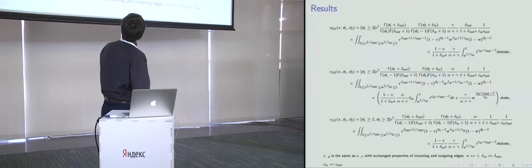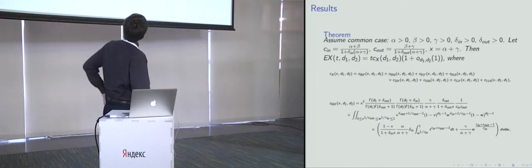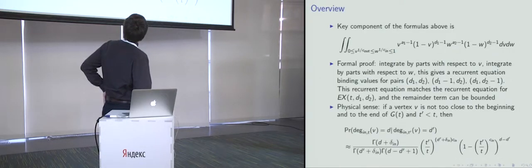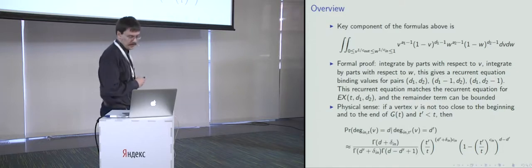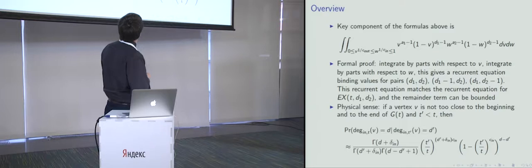This formula is not very useful as is, but it allows us to calculate the asymptotic behavior of this quantity. In these formulas, A1 and A2 are constants depending only on the model parameters, and D1 and D2 grow.